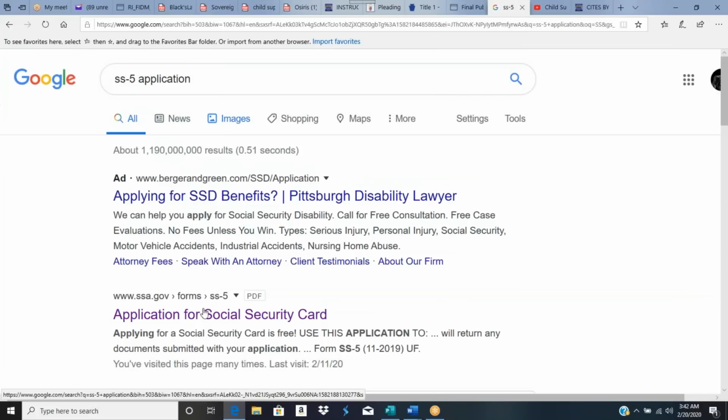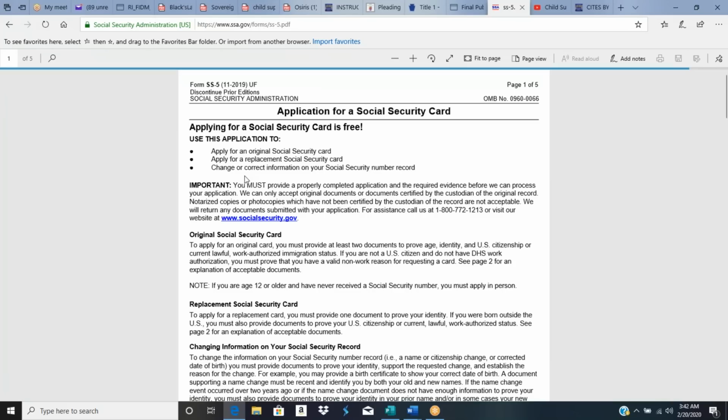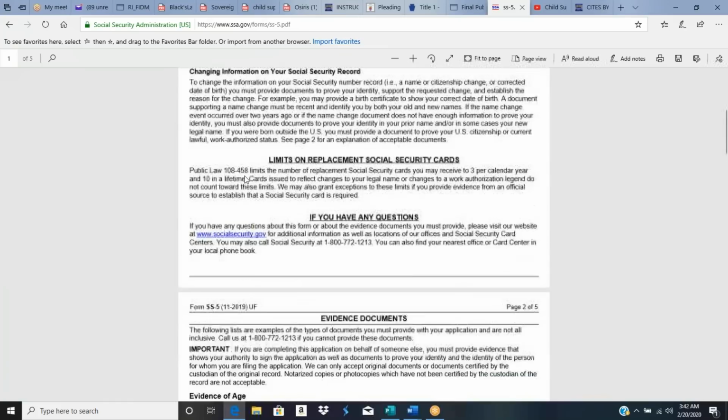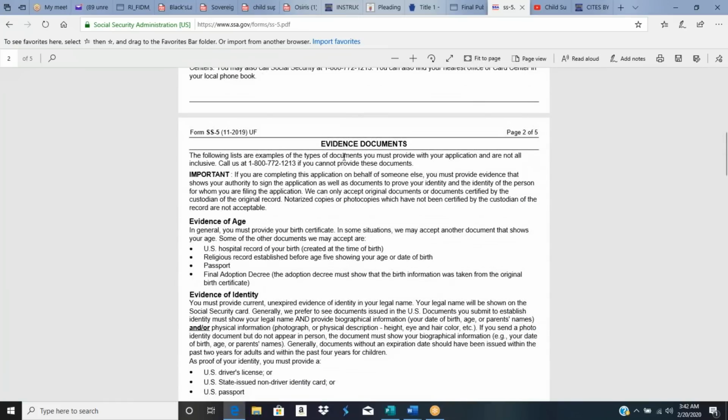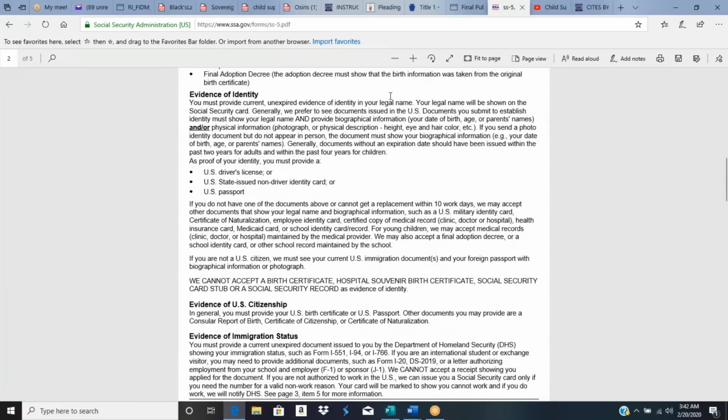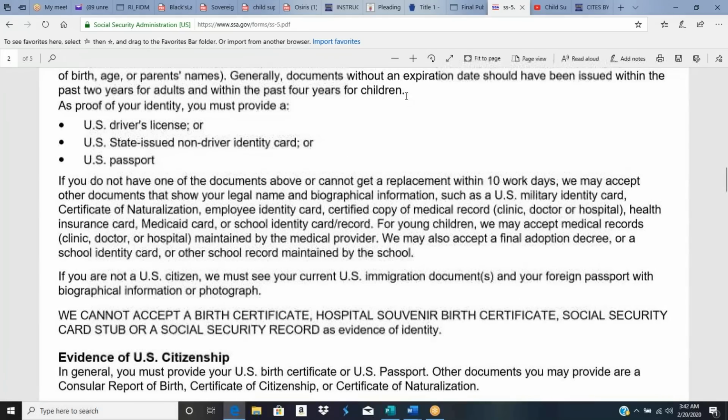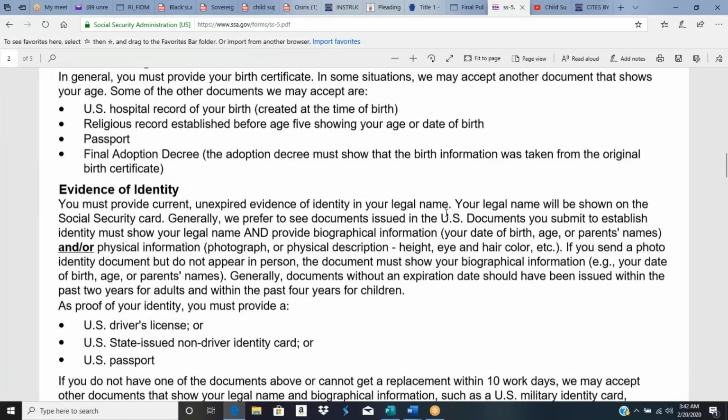Now, if the non-custodial parent's Social Security card shall be furnished to the agency, and the Social Security card name and account number is the property of the Social Security Administration, those cards, names, and account numbers can only be issued to United States citizens. We're going to go to page 2. Look, evidence documents. Sorry about that. Let me zoom in a little bit. All right, look, evidence of identity.